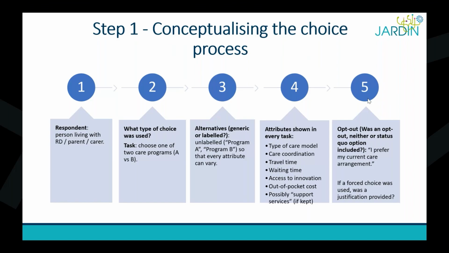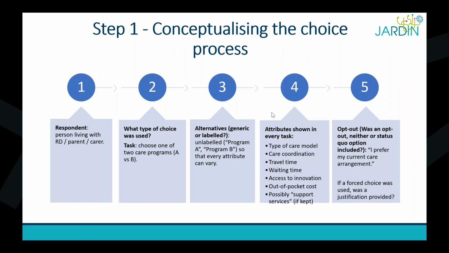And then we also need to consider, should we force people to make a choice? So for instance, in the hotel booking choice, I was asking you to choose between two hotels, hotel A versus hotel B. That is a forced choice. But in reality, we don't force people, right? So in order to mimic reality, we need to decide whether to include an opt-out option.